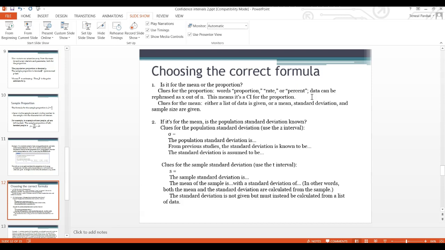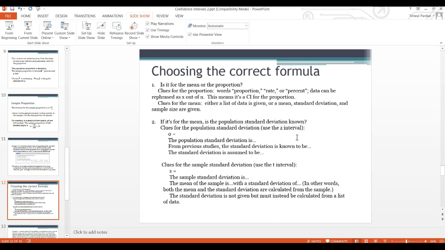If it's for the mean, you're either going to be given a list of data, or given a mean, standard deviation, and a sample size. And usually you'll see the words mean or average in there. If it's for the mean, then you have to decide, is sigma known? If the population standard deviation is known, then you're going to use the Z interval.